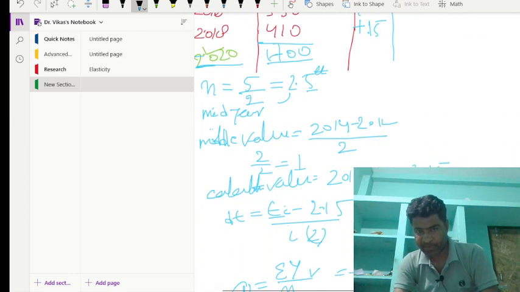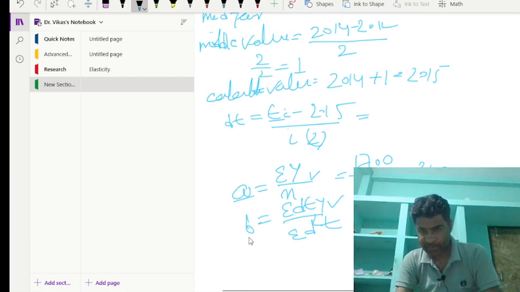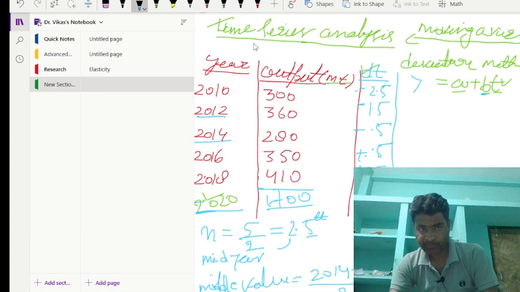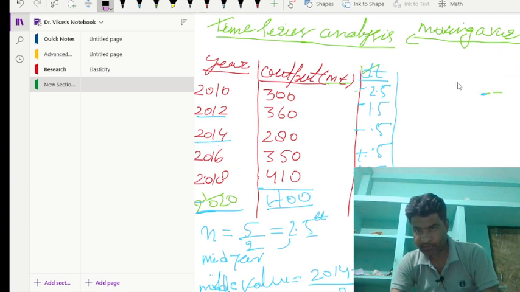Now moving further, we will calculate the coefficient B by using this formula, sigma dty upon sigma d squared t. Sigma shows the summation or the total. For this, we need to draw 2 more columns.